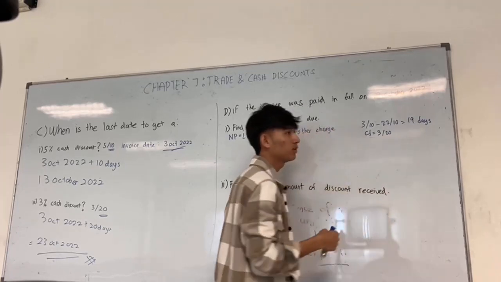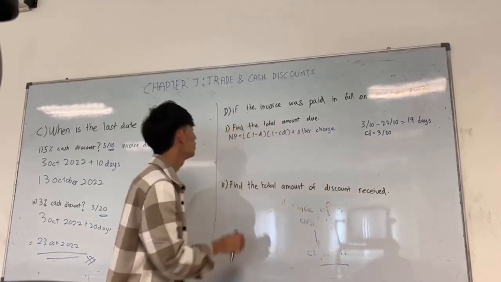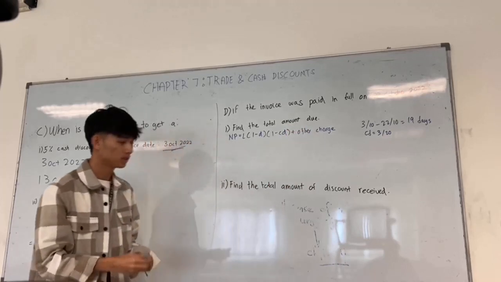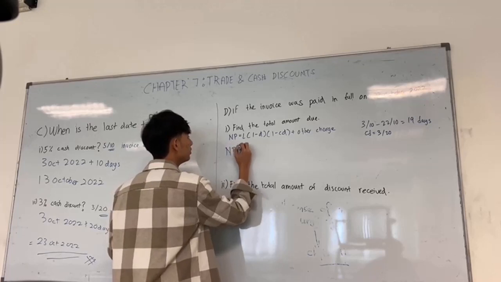The invoice was paid before the 20 days, so we get the 3% discount. This is the formula to get the answer from the question given.